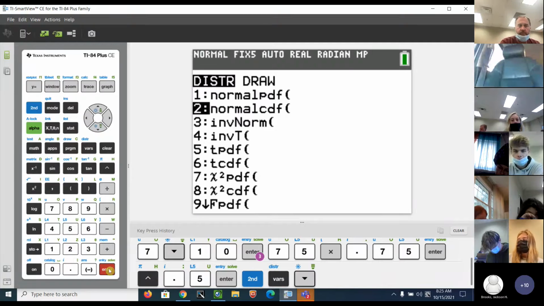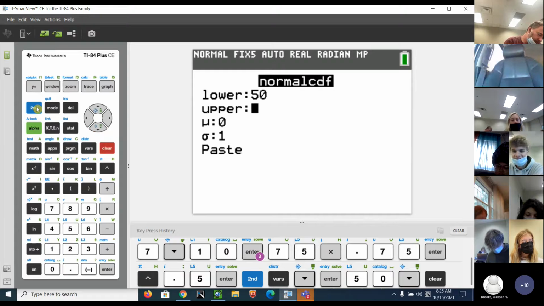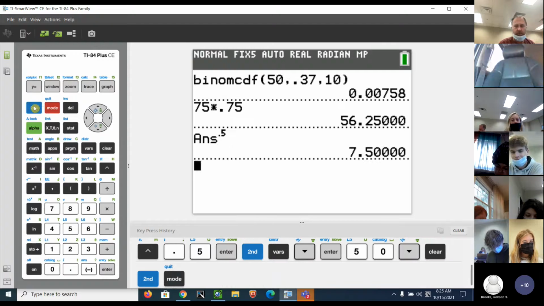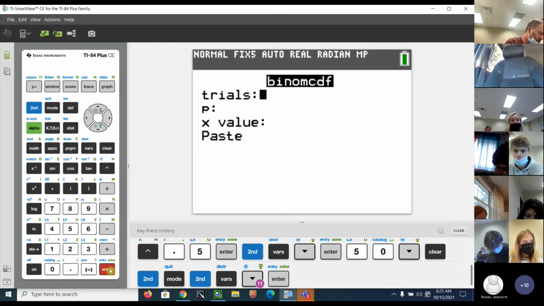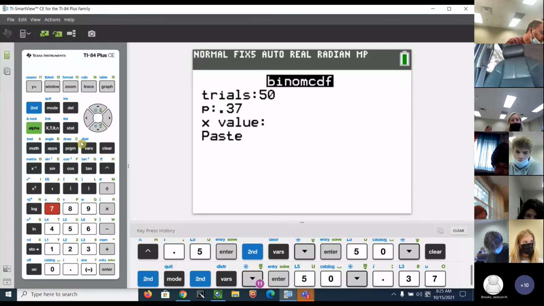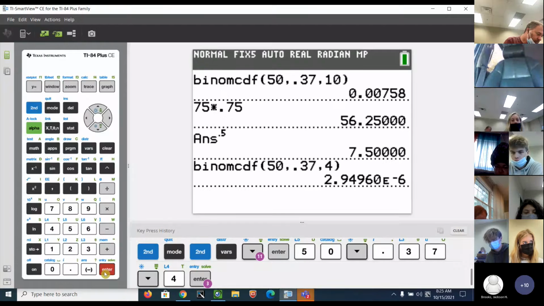Binomial CDF, and that's going to be 50, 0.37, 4, which gives 5.29 times ten to a negative power.